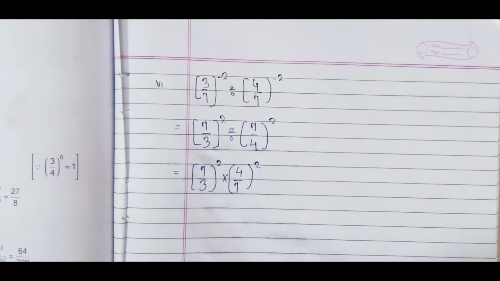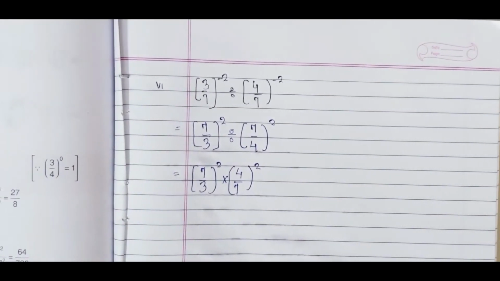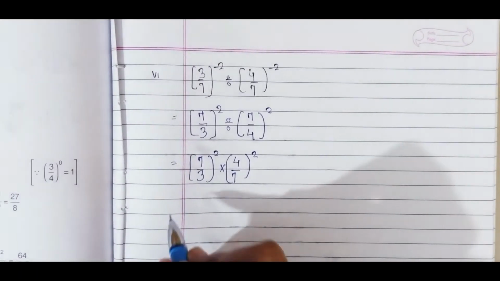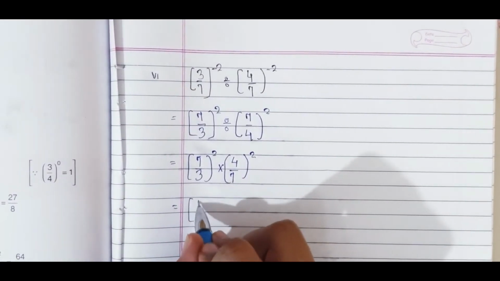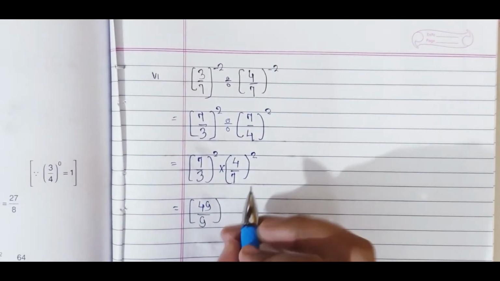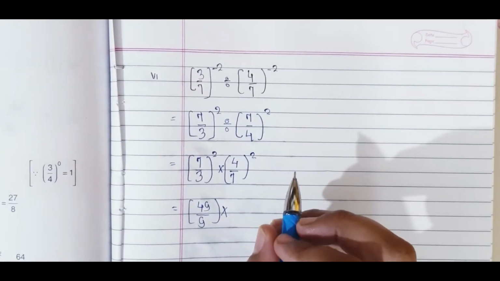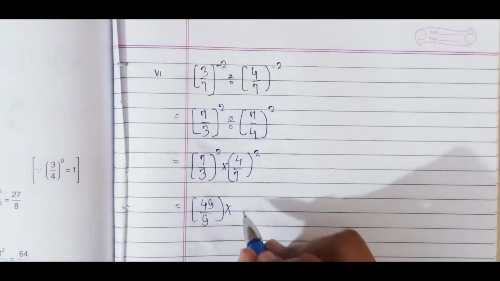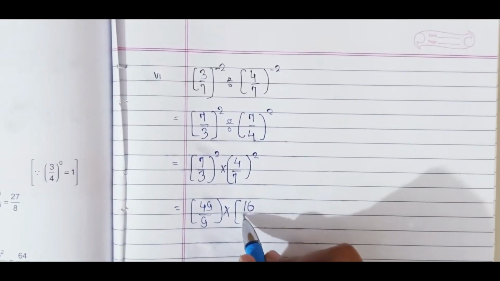Now guys, we have to make these exponential numbers, power numbers, into rational numbers. So 7 into 7 is equal to 49 and 3 into 3 is equal to 9, multiplied by 4 by 7: 4 into 4 is equal to 16 and 7 into 7 is equal to 49.